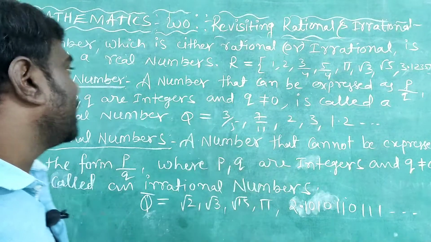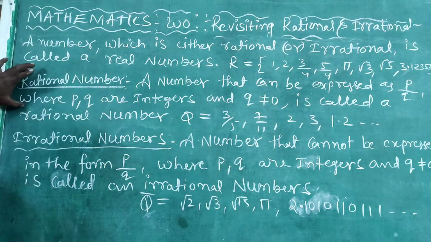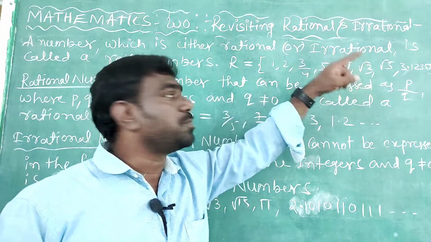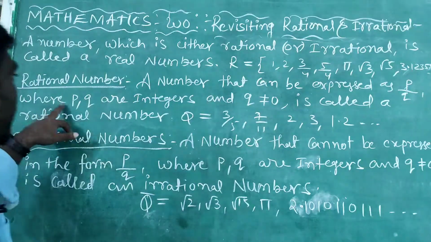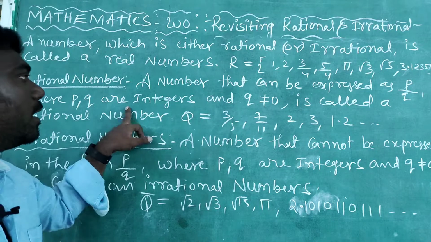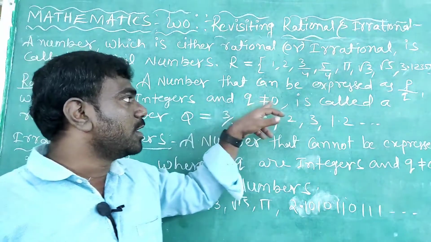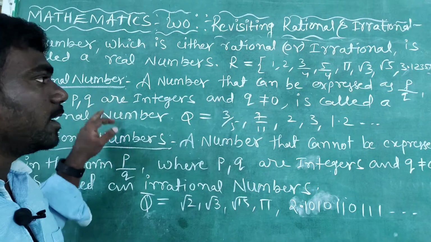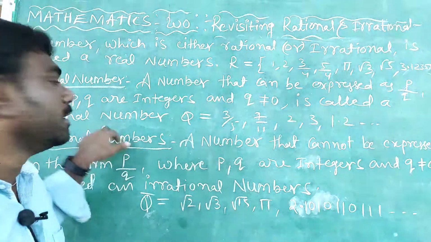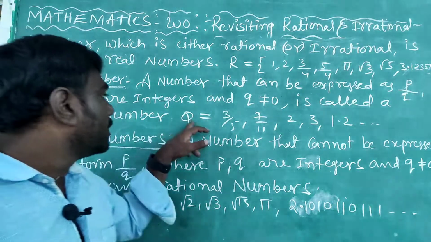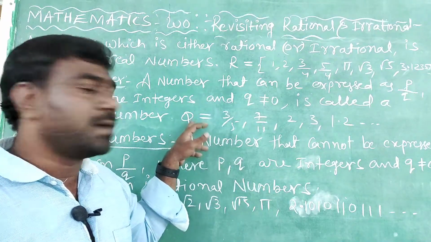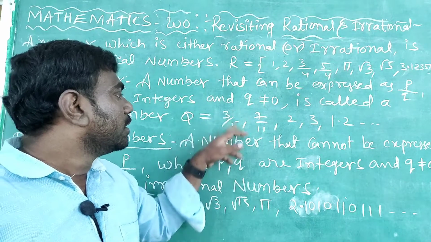Now rational numbers, how can we write them? Simple definition: a number that can be expressed as p by q, where p and q are integers and q is not equal to 0, is called a rational number. Therefore, we represent the rational numbers by the capital letter Q.